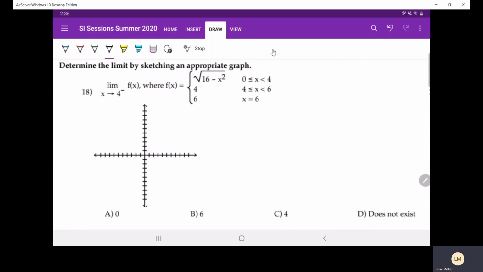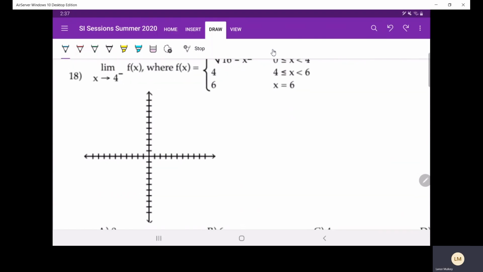Determine the limit by sketching the appropriate graph. Ugh. So between 0 and 4, make sure my computer can breathe, fan kicked in. So it uses a lot of the internal graphics. So this is the equation of the top half of a circle up at the top right here. So square root of 16 minus x squared, between -4 and 4. It's going to be 1, 2, 3, 4. No. Do it in blue. 1, 2, 3, 4.